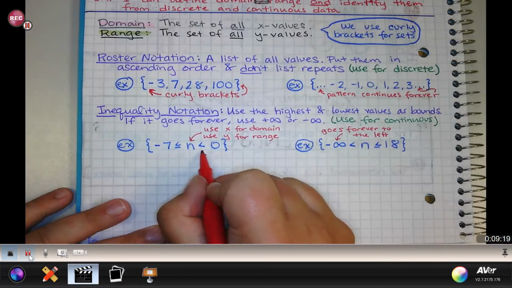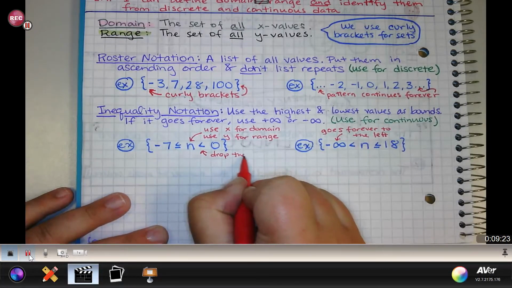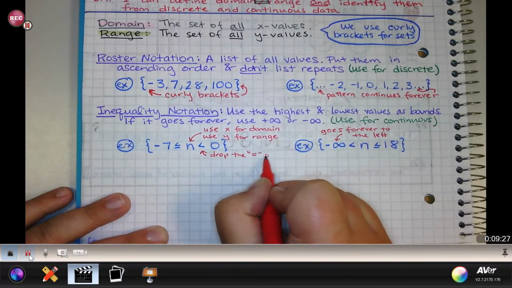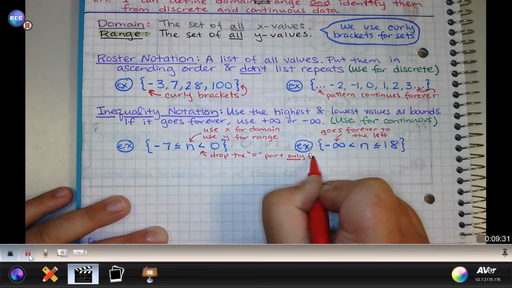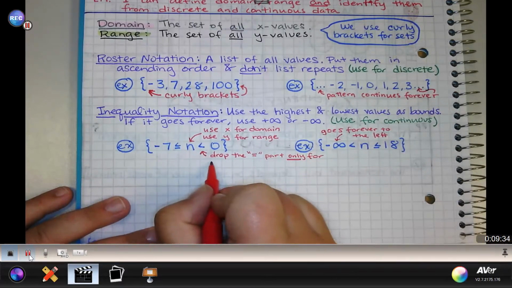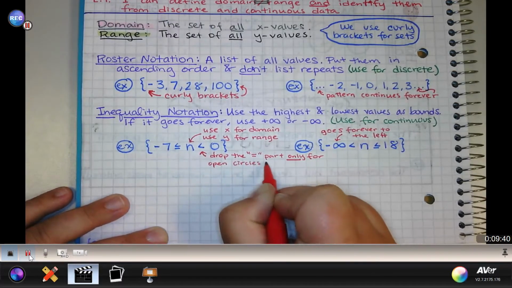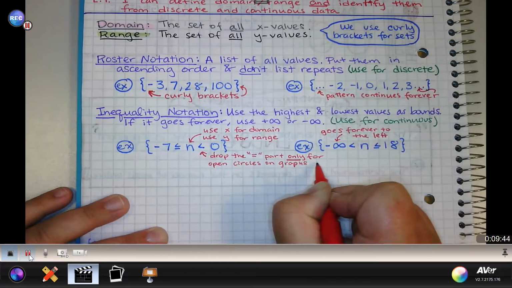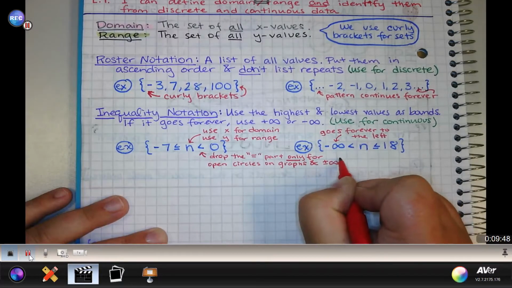So, essentially, we drop the equal to part only for open circles on graphs and plus or minus infinity.